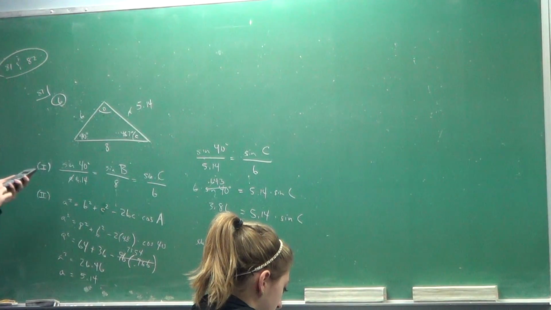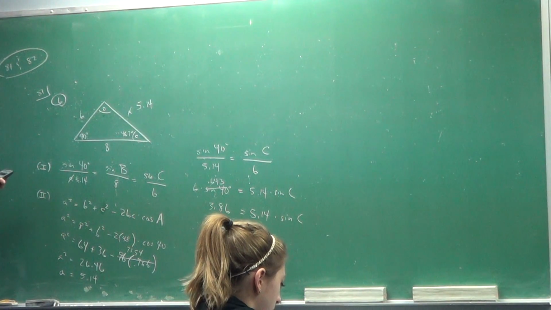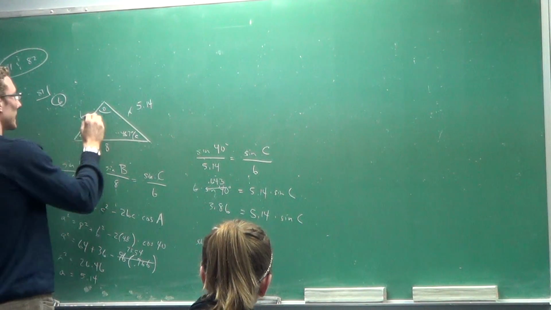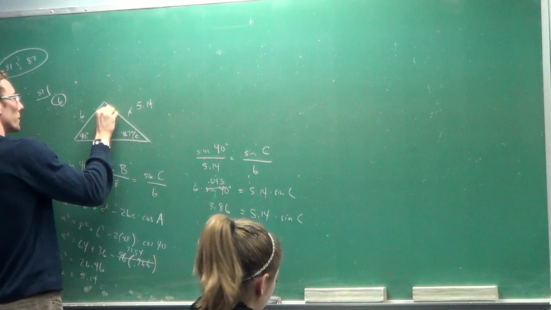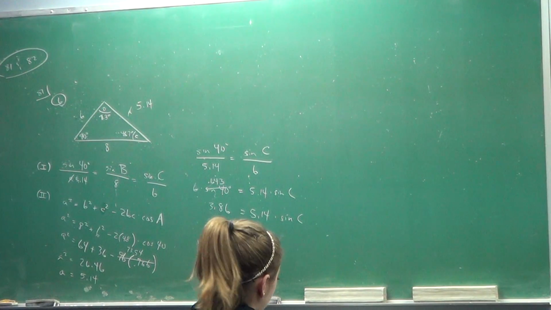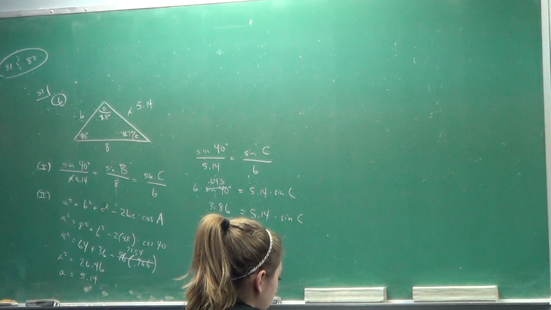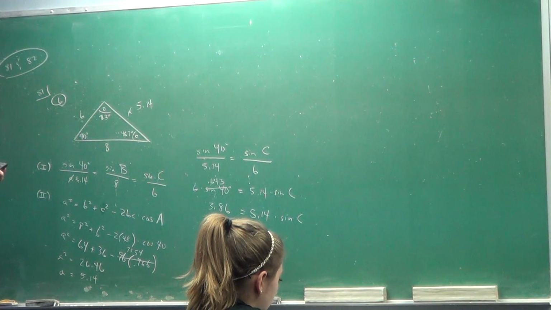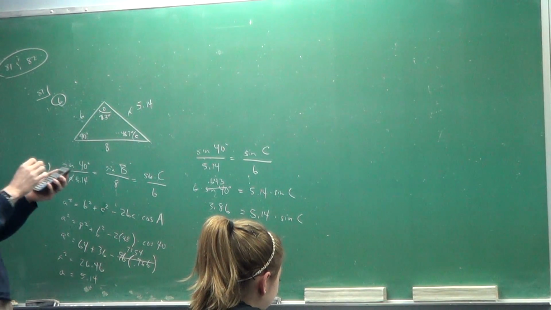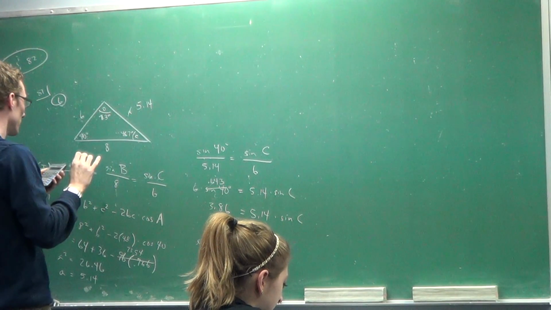And as soon as we know that, we know the other one. 48.7 plus 40, take that away from 180, and we get 91.3 degrees. So it actually would have ended up being an obtuse angle, which, oh, I did that wrong, didn't I? I got 90 something. Yeah, 91.3.